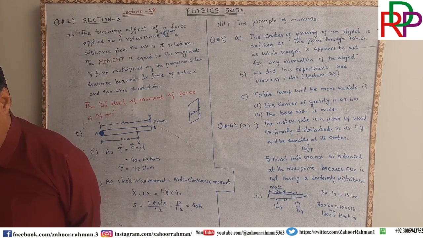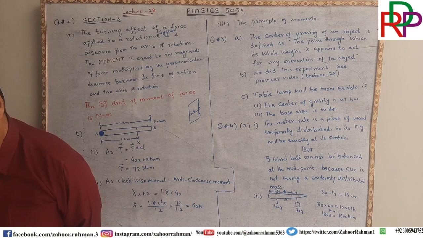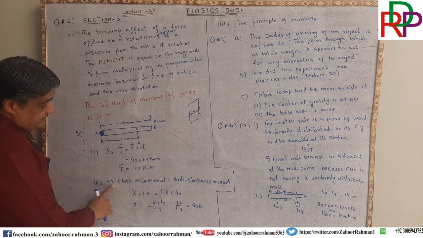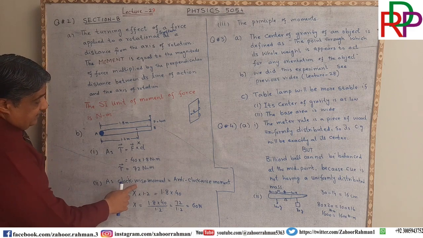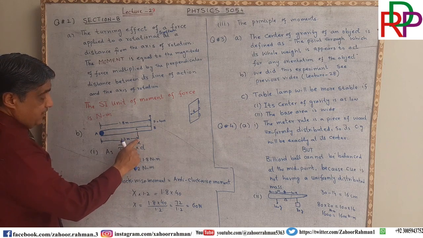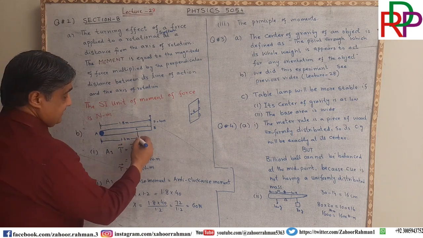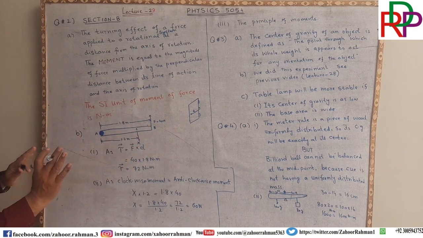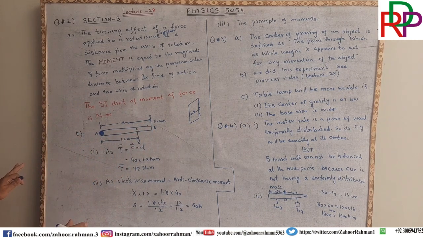Now the second part is asking what is the minimum force X that must be applied at C in order to stop the door from turning. So here we are asking what force we should apply at this X. The door should be stopped, not to move.